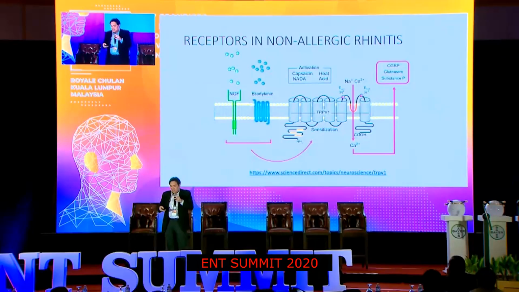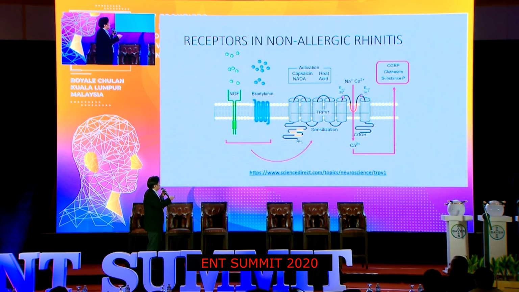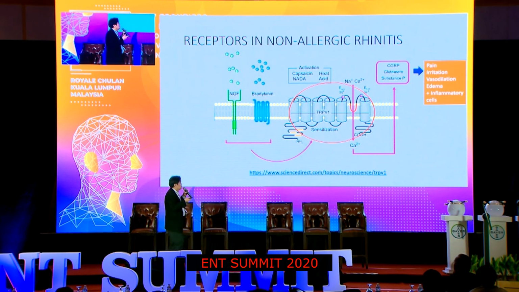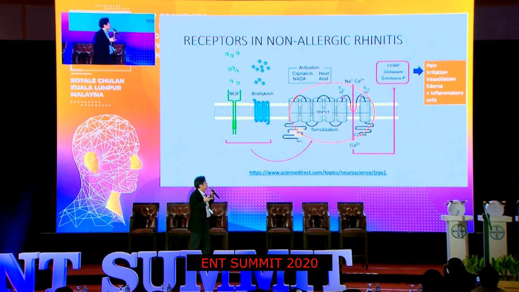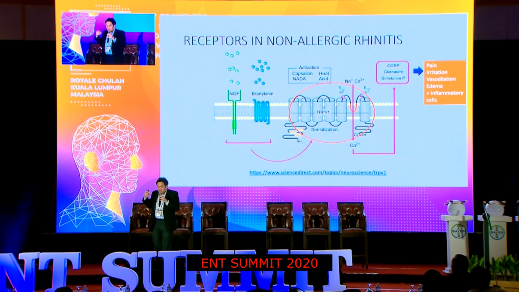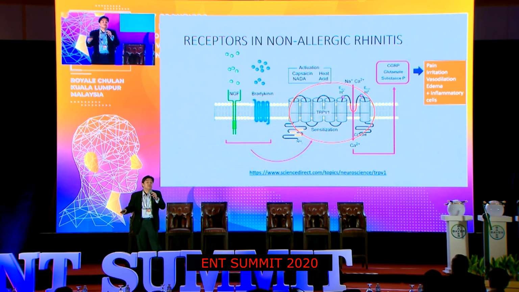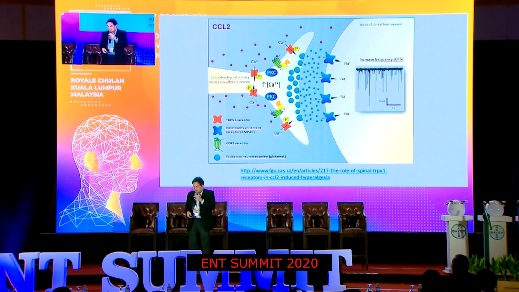And what happens is the neuropeptides are released when these are triggered. So when neuropeptides are released, like CGRP, calcitonin gene-related peptide, glutamate, and substance P, it induces pain, local irritation, vasodilation, edema, and also recruits inflammatory cells for the long-term edema and inflammation.